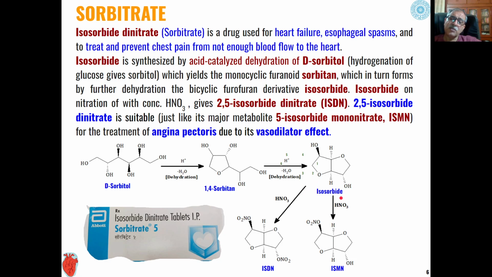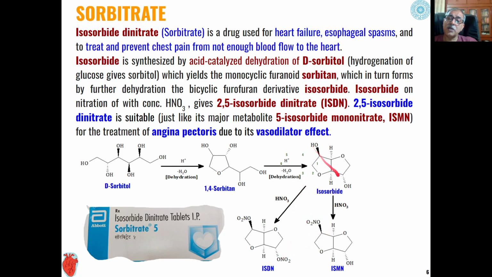And when this isosorbide is reacted with nitric acid, it can give us either 5-isosorbide mononitrate, where one of the hydroxyl groups present on the isosorbide is converted into a nitrate group, and this is called mononitrate.